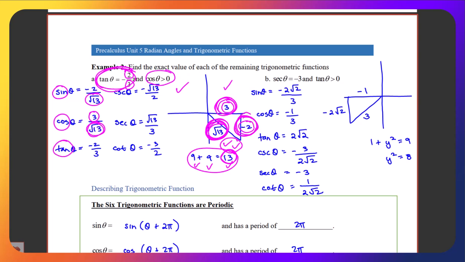Tangent is y over x, or opposite over adjacent, same thing. And then I still have the reciprocals. You do the same thing for B. Can you figure out why it's in the third quadrant, given this information?